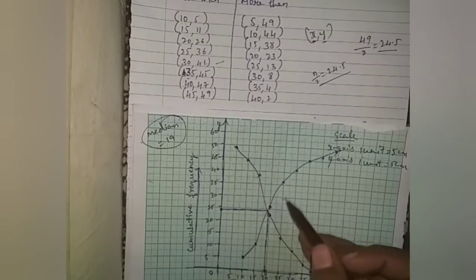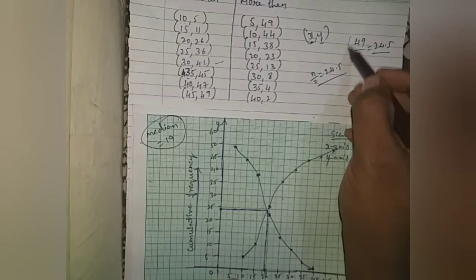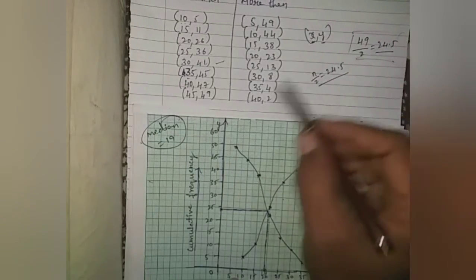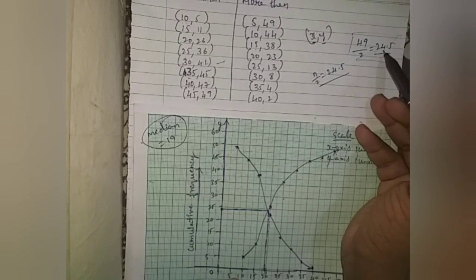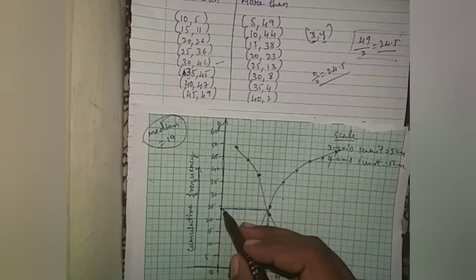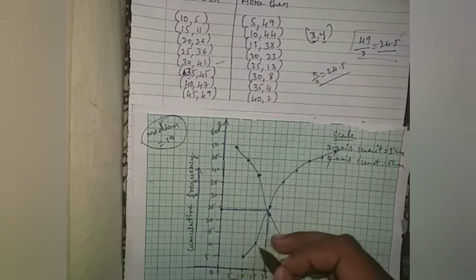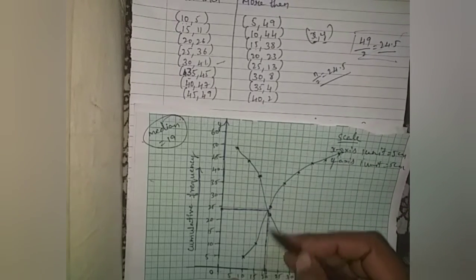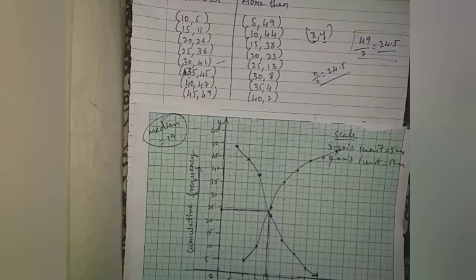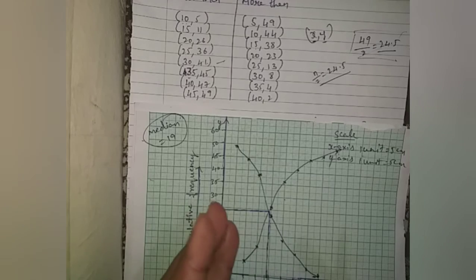See, same thing. If they ask only the more than graph and tell you to find the median, then use the same method. The total frequency is 49, and 49 divided by 2 is 24.5. Same thing, you draw one straight line touching the more than line. If they ask for two graphs, less than and more than, in the same graph, then you get the median very easily.